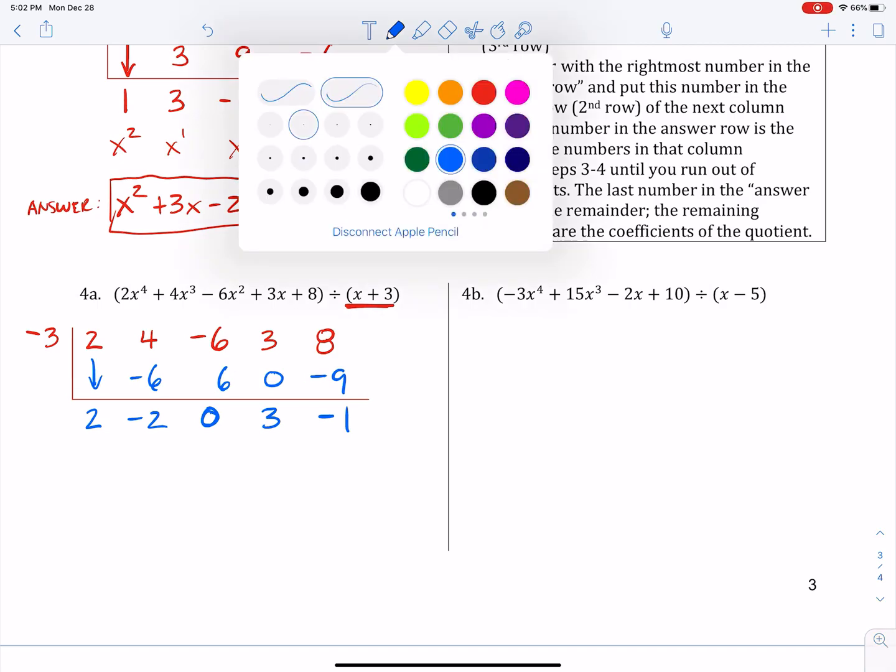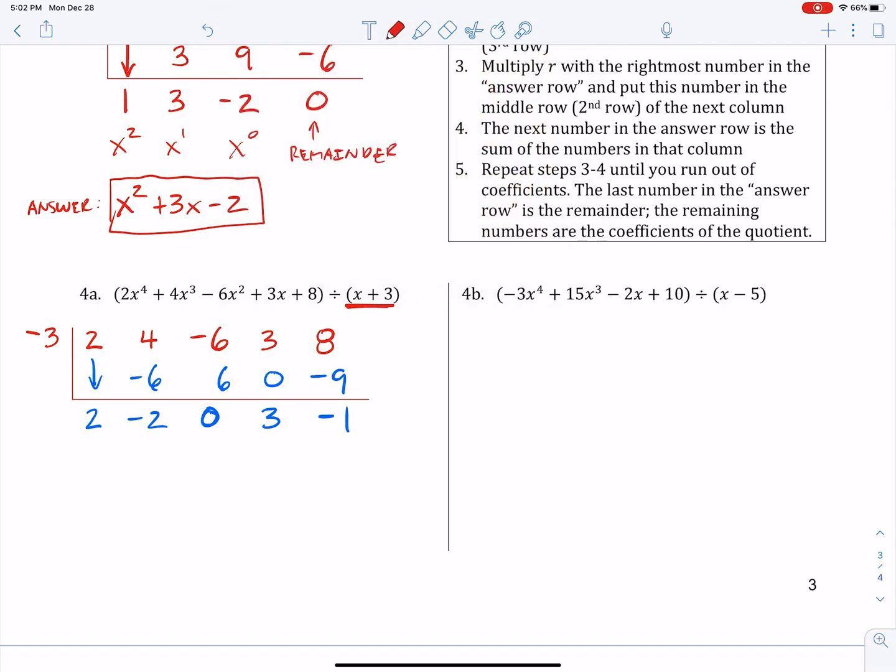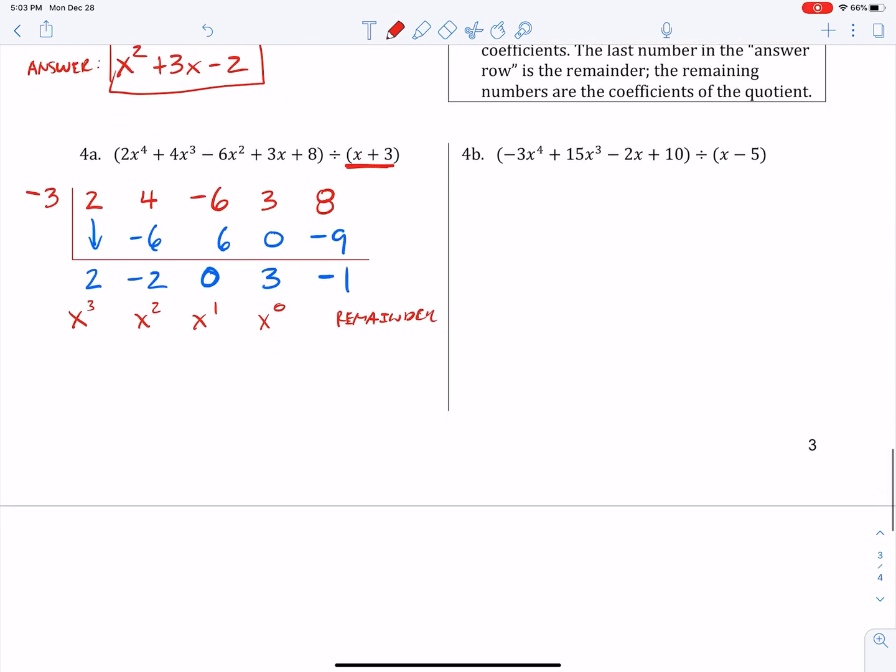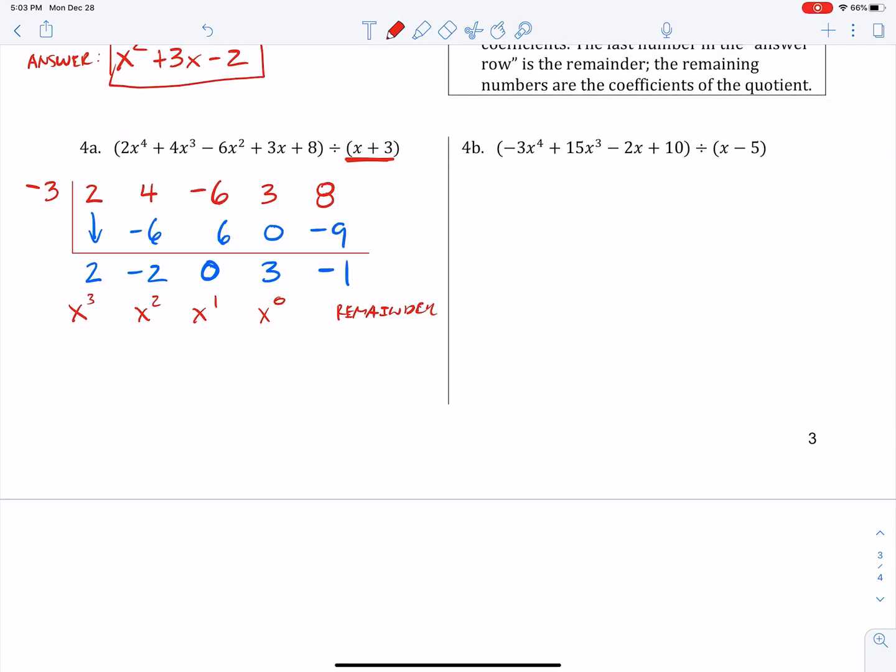So what we have here, and if it helps to have it in writing, this is going to be our x to the third power, our x squared, x to the first, x to the 0, and this is our remainder. Alrighty, let's write out our answer here.